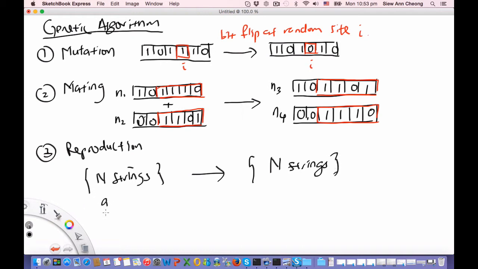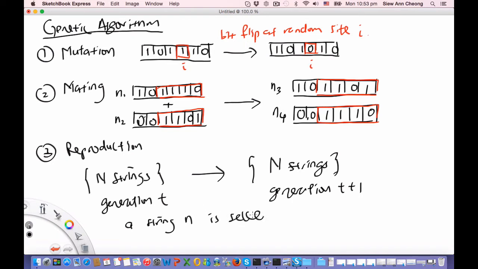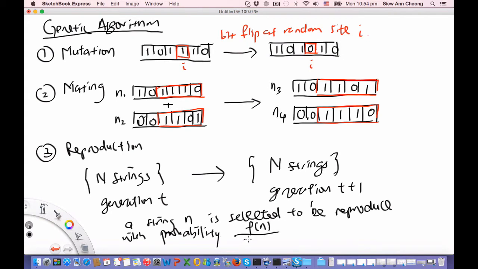So this is generation T, and this is generation T plus 1, and a string n is selected to be reproduced with probability Fn over the sum of Fn prime.